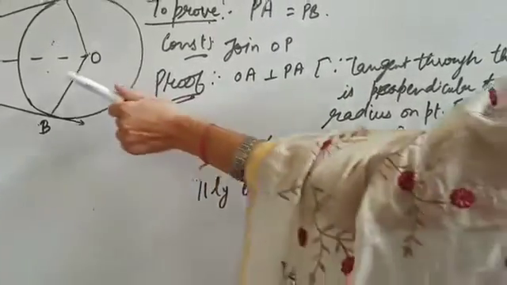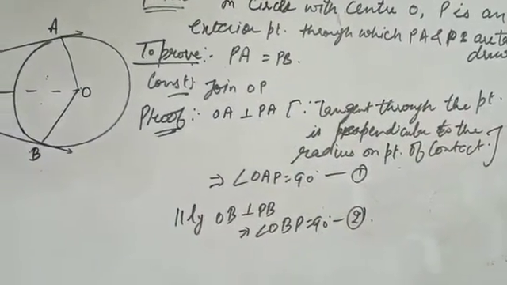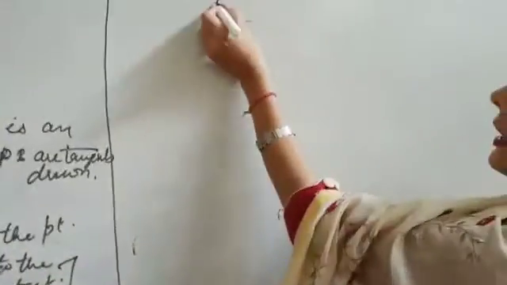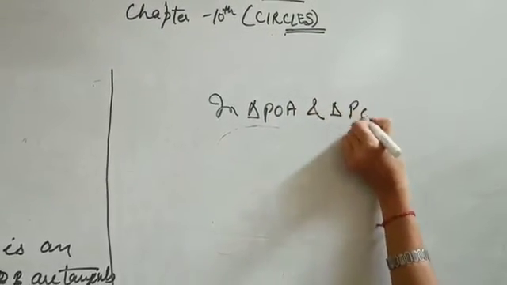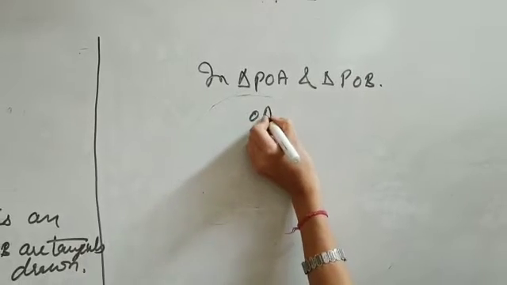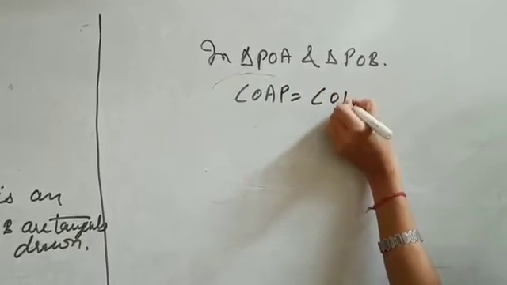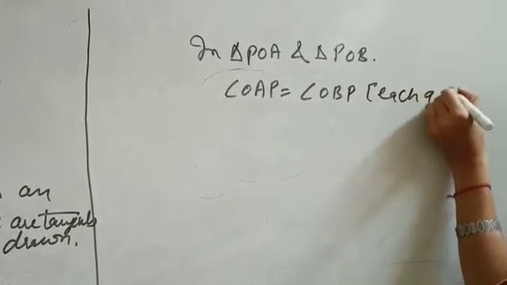Okay, now we will start the congruency. Let us see the congruency in triangle POA and triangle POB, in which we can write angle OAP is equal to angle OBP, each 90 degrees.